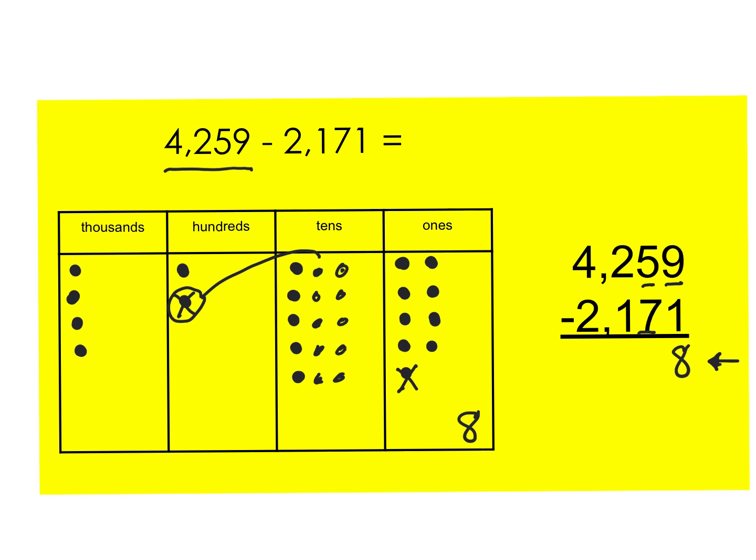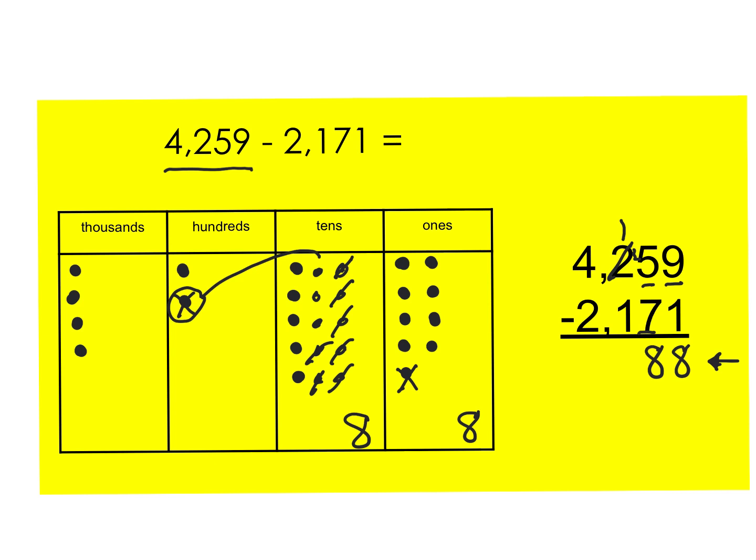I borrowed 100 and broke it into tens, and now I can take away 7. 4, 5, 6, 7. And then I have 8 left over. What that looks like in the standard algorithm is I take the 2, I borrow, so now I have 100 left, and now I have 15 tens, and if I take that away, it's going to be 8.